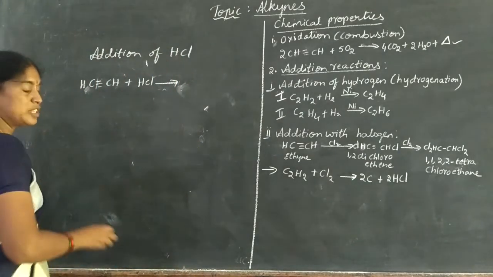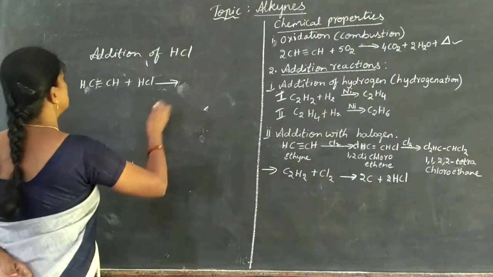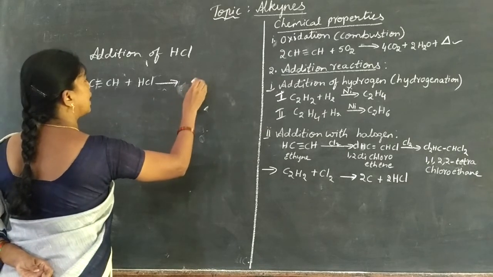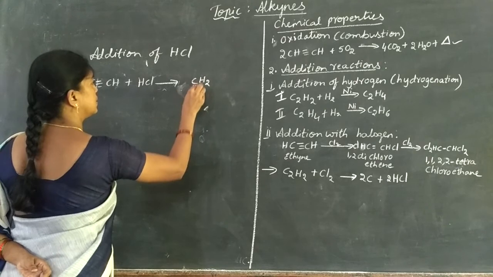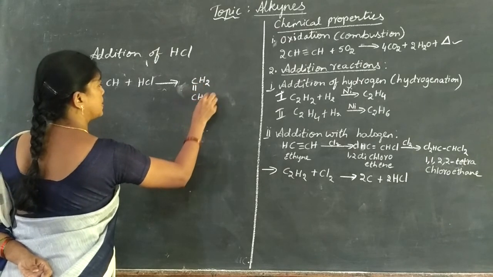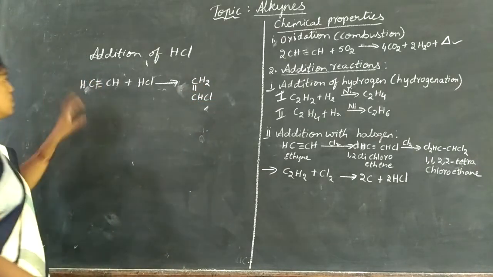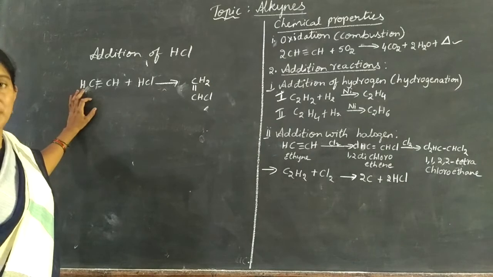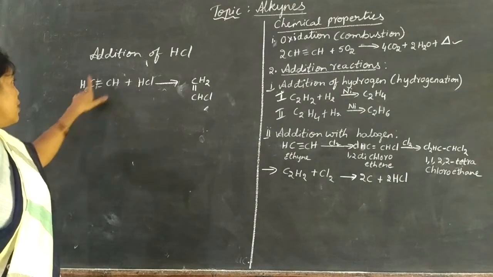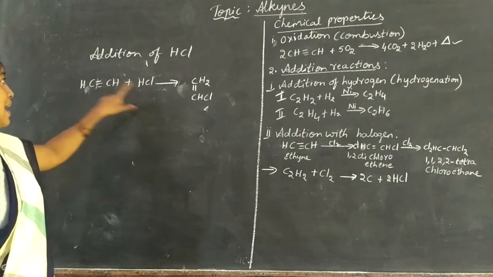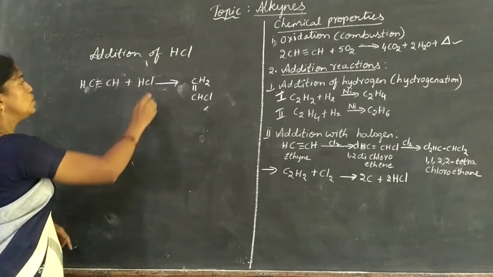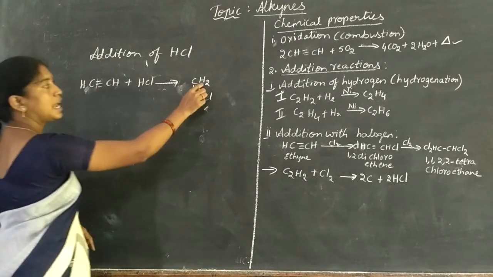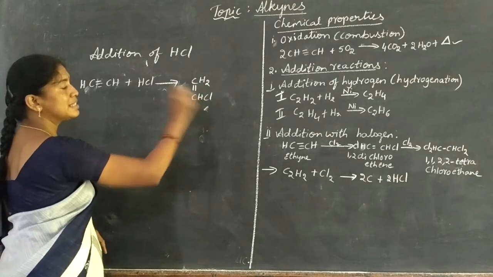It will change like this. Okay. So here the addition will take place. One of the hydrogens will go towards this side and the chlorine will go towards this side of the triple bond, so that it becomes CH2=CHCl.